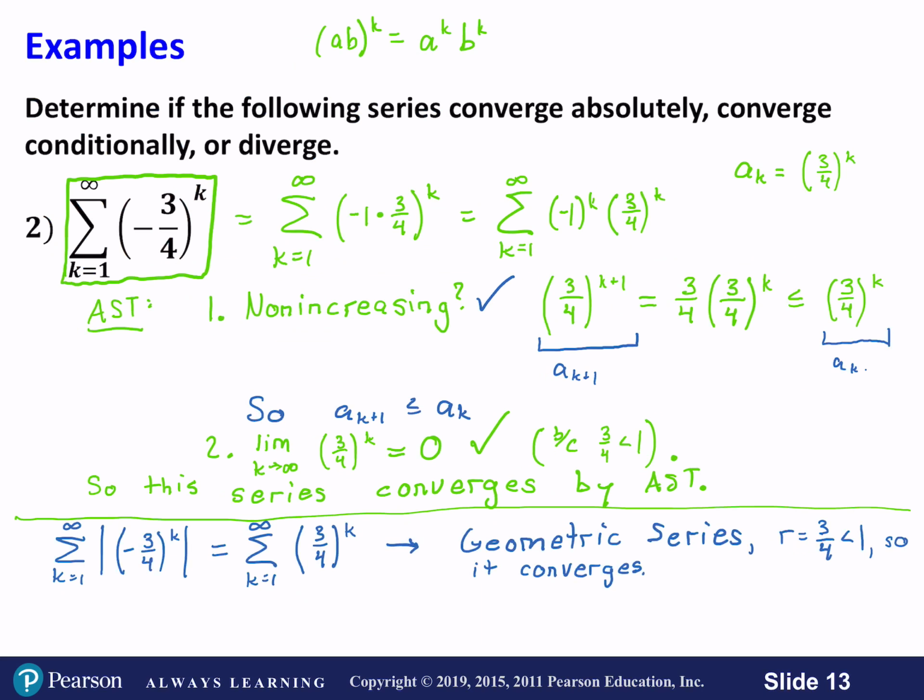So the series from k equals 1 to infinity of (-3/4)^k is absolutely convergent. All right, great.